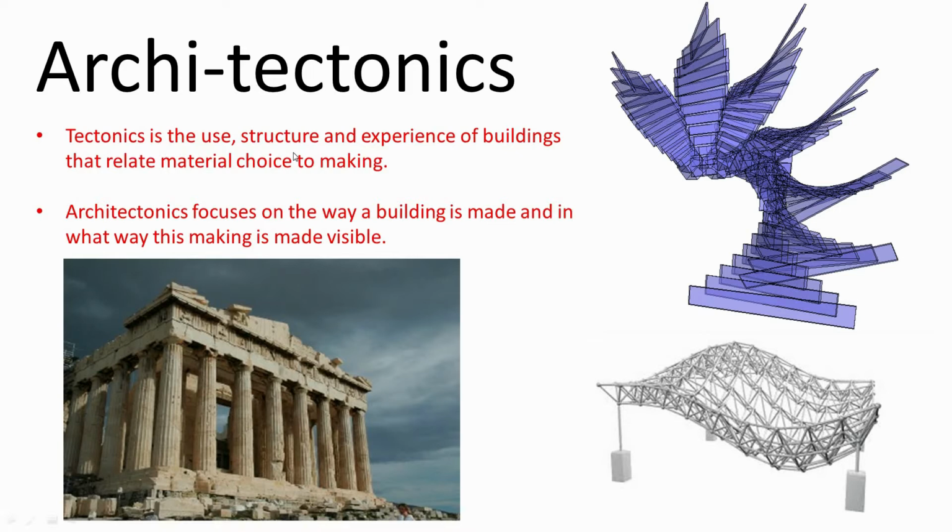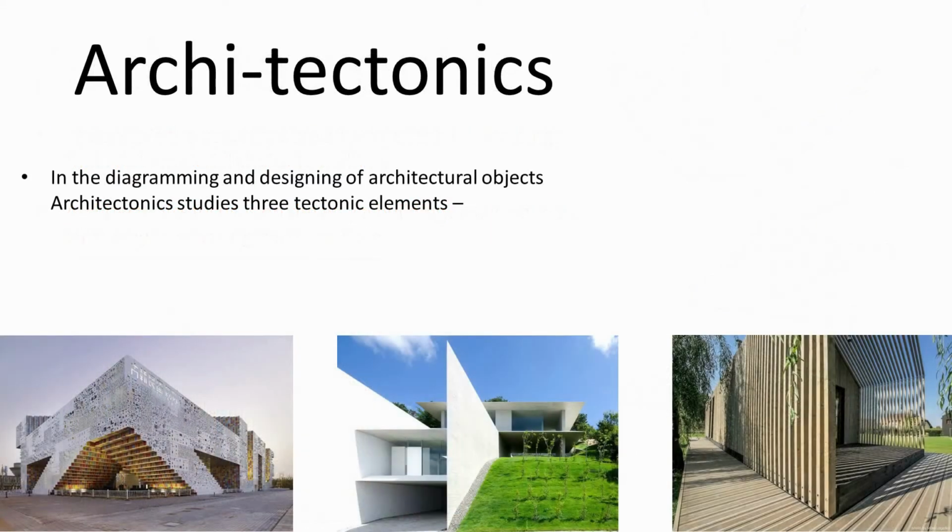It's the structure and the experience of the building, relating to the materials in particular: in this case stone columns, in this case steel space frame tubing, and whatever these probably concrete elements are. This we don't know because it's just a drawing, but hey.